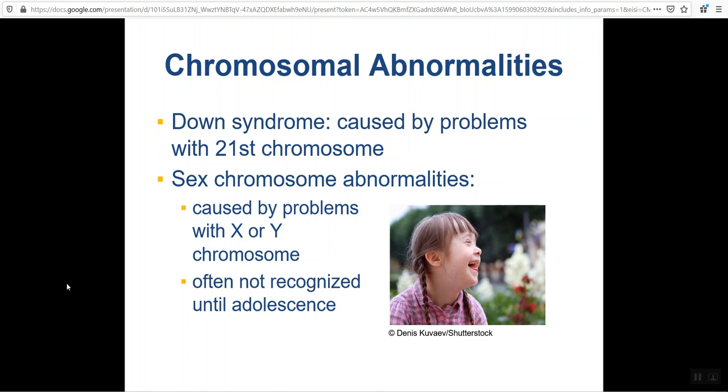There can also be sex chromosome abnormalities caused by problems with the X or Y chromosome. Some of these are not noticeable until adolescence. Some of them can cause more significant issues. They are relatively rare, but we will discuss some of those as we go as well.